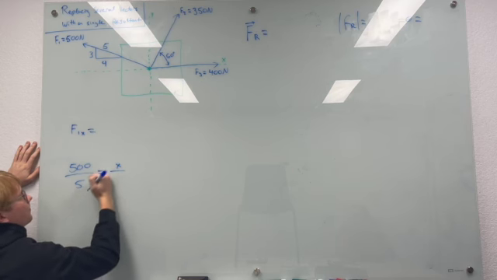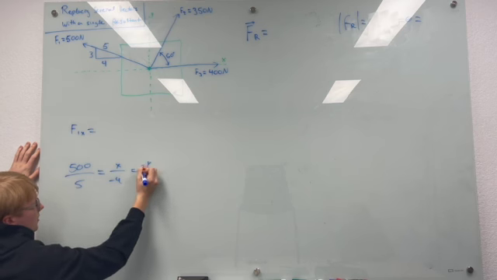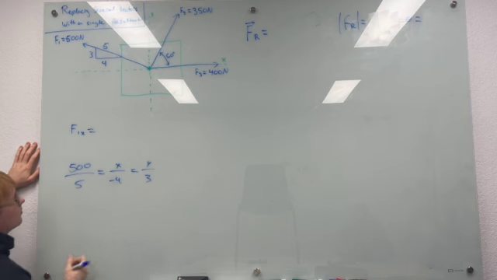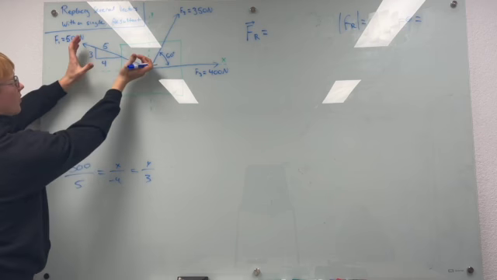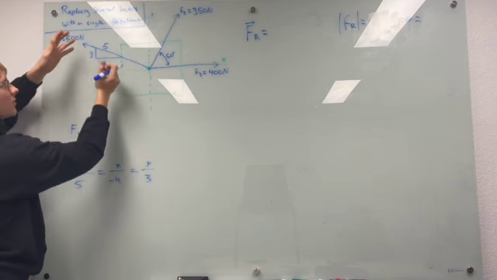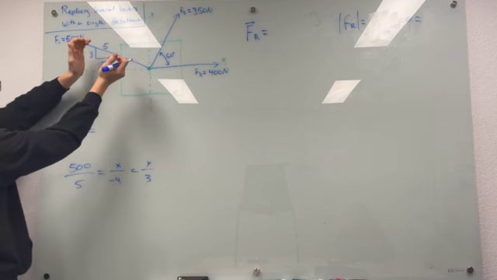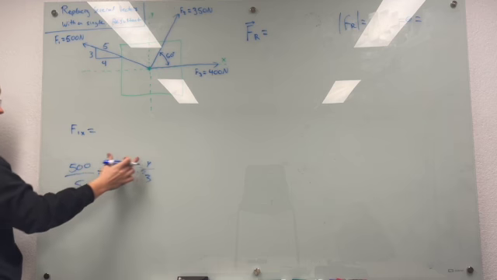I'm sorry, -4, and the y component to 3. So envision a big triangle right here. The ratio between those sides is the same as this little triangle. That's what I'm doing. And then through this equation, I can solve for x and y.